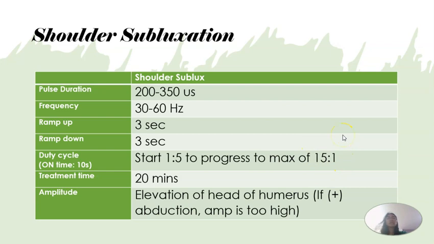Ang goal nyo kasi dito is to improve the endurance of the muscles. So, you can only improve the endurance if the patient is able to tolerate yung long on time, or yung increased on time, and decrease naman ang off time. Okay, so that's for your shoulder subluxation.